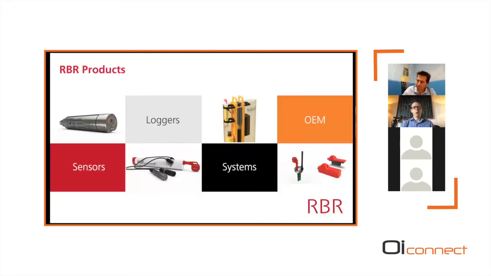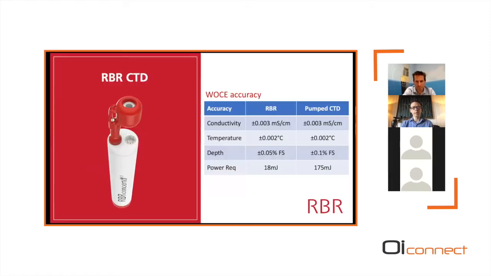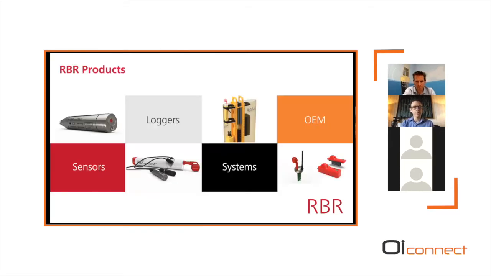So in terms of what we produce, before I go into the actual Legato, our core is developing sensors. The primary one is a CTD, as well as optodes. We also have developed autonomous loggers that carry all of our sensors, as well as third-party sensors, and as well as high accuracy quartz-based pressure sensors.